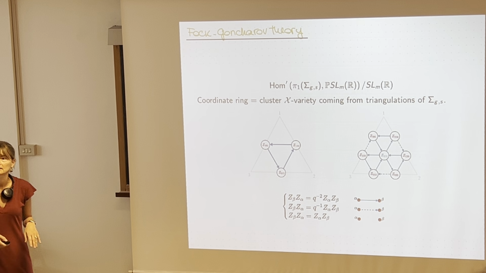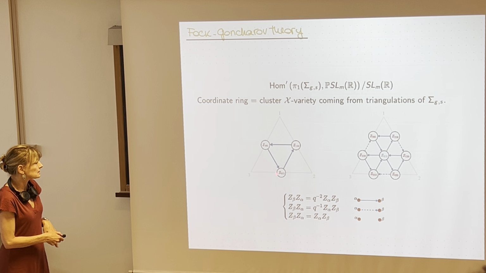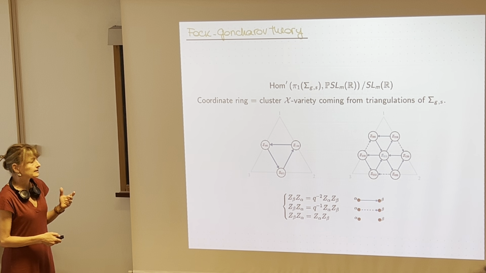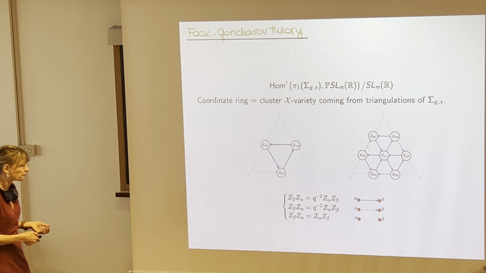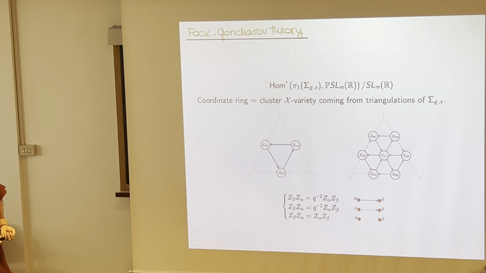Each of these quivers is endowed with some variables which satisfy, in the classical case, Poisson relations, and in the quantum case, quantum relations, and the quantum relations are dictated by the quiver. So, for example, here I have an arrow from this node to this node.